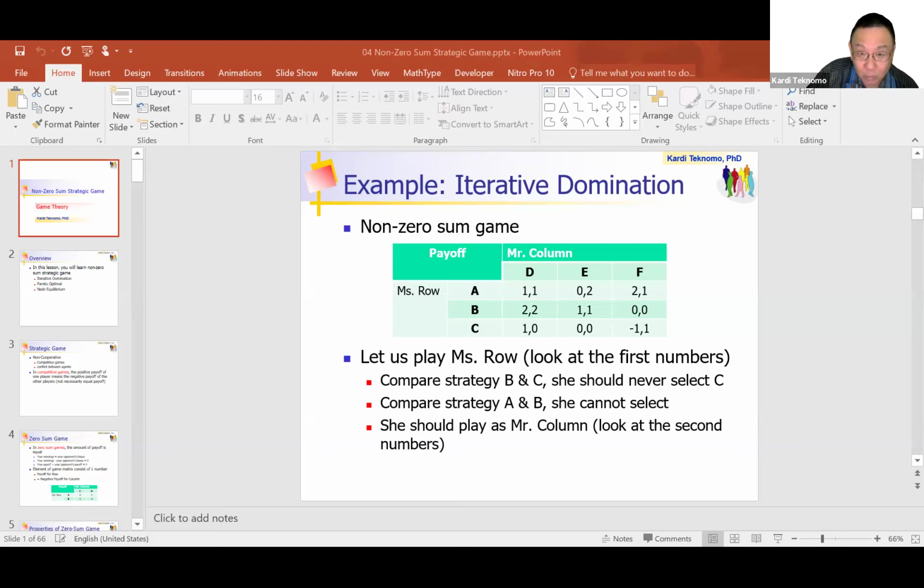1 and 2, oh, B is winning. 0 and 1, B is winning again. But in here, 2 and 0, B is not winning. So in that case, you cannot select between A and B. I already deleted C. Now let's play as Mr. Column.